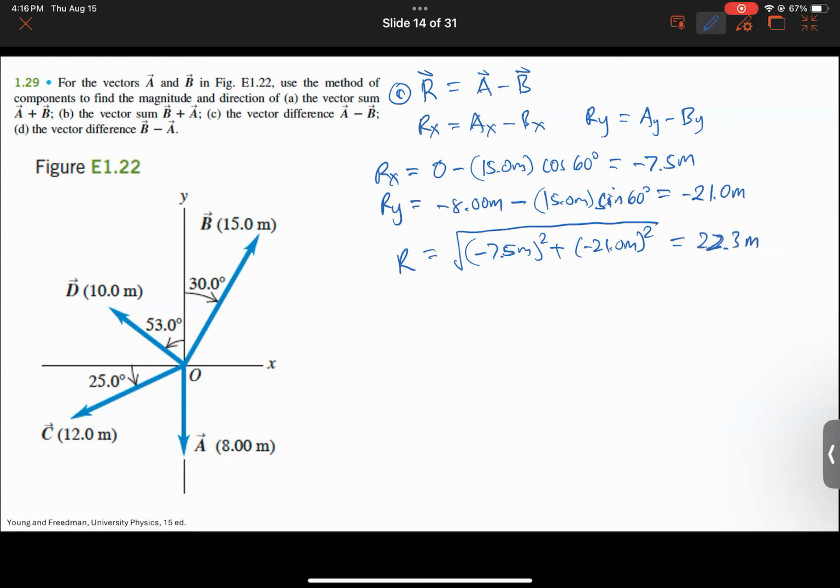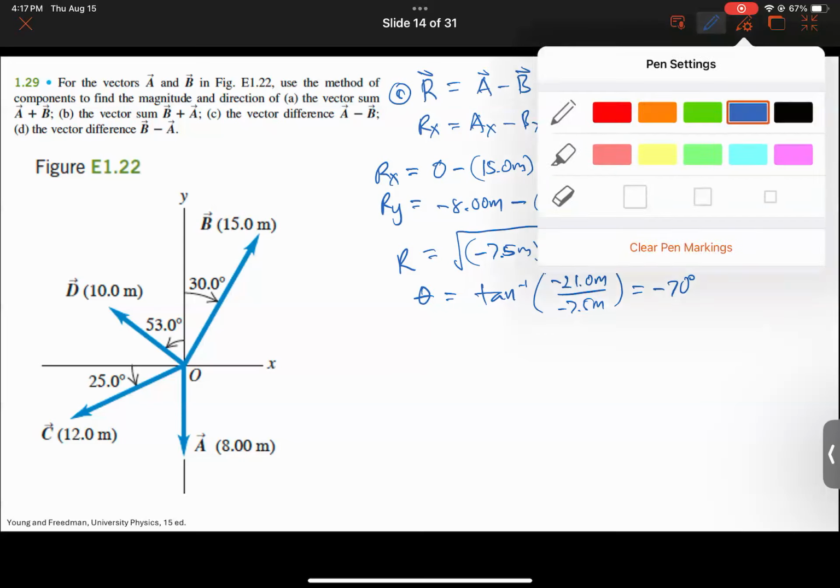Yung direction ngayon ito is obtained from this equation, tangent inverse ng y component, negative 21 meters, divided by yung x component, negative 7.5 meters. And pag ginamit yung calculator, this will give you negative 70 degrees as an angle. Now, tignan natin graphically kung ano ang nangyari.